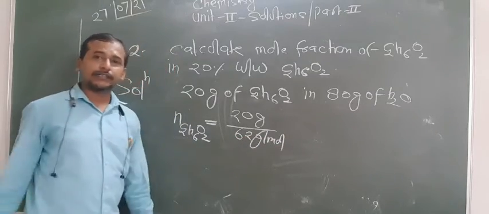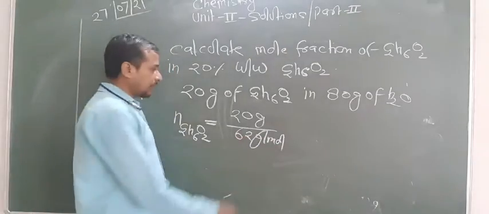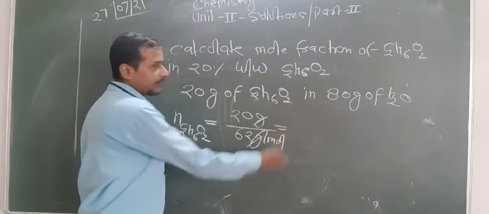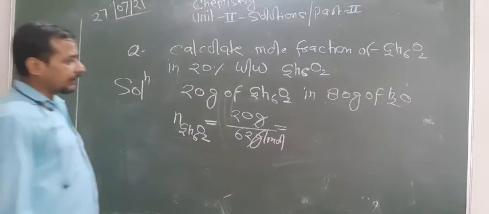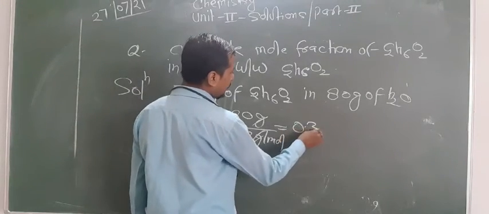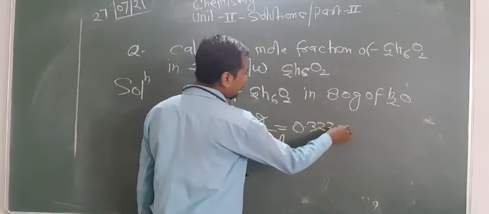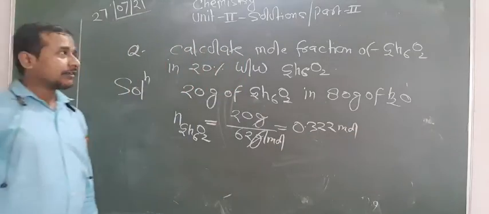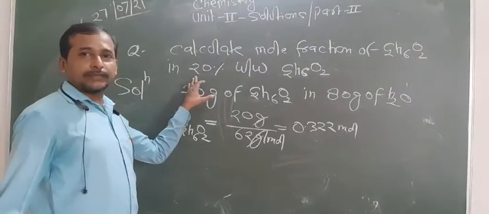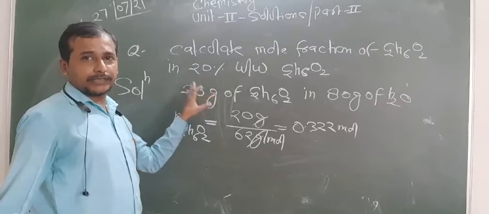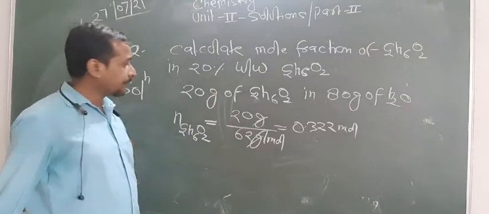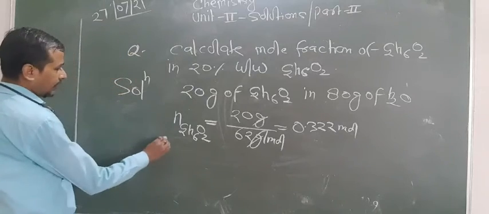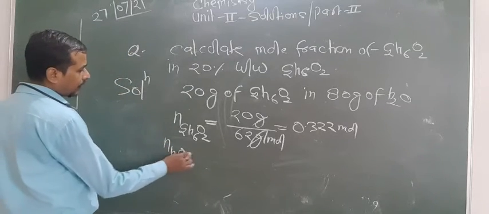Are you getting this point? Now gram cancels, and this gives nearly 0.322 mole. So by knowing the weight of ethylene glycol, we can calculate the number of moles.